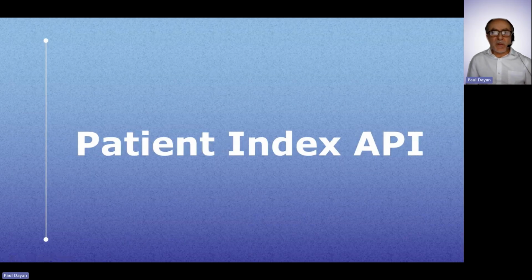So far, I've just talked about how Patient Index works with HealthShare Unified Care Record, but Patient Index does have a full API that can be used by external applications.